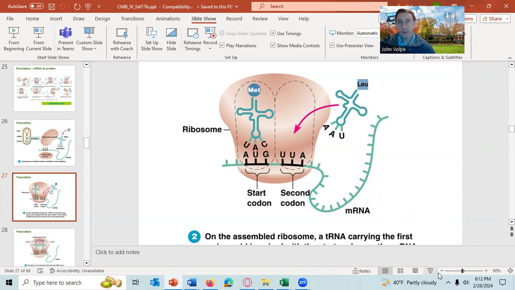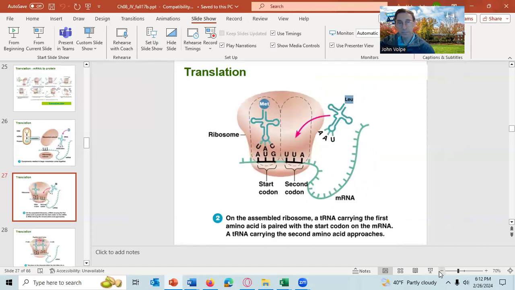Now let me shrink this down a little bit here. All right, so the protein translation now has 2 tRNAs in here with the 2 correct amino acids.